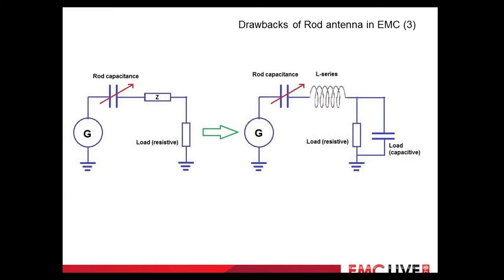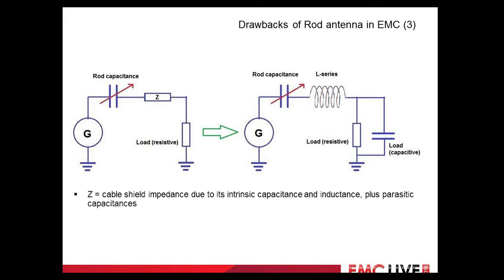In practice, we will have the situation on the right side. So we have a variable capacity, we have an inductance in series, and the load also has its own self-capacity. So it's a complex situation which is variable with frequency and with external conditions.